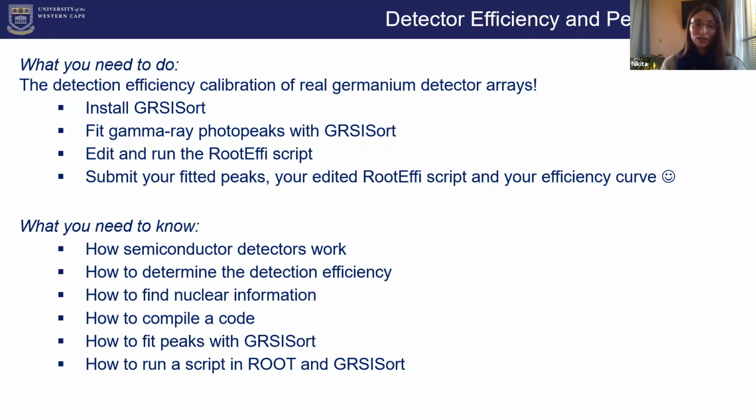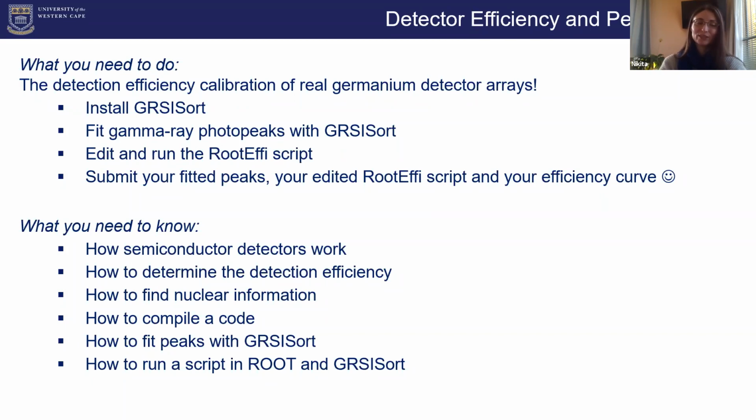So what you need to know in order to do all of this, first, you need to know how semiconductor detectors work, how to determine the detection efficiency of many types of detectors, but today about semiconductor detectors, how to find nuclear information on any type of nuclear property of any type of nucleus, how to compile a code, specifically in C++ and in root, how to fit the peaks with GRSISort, which is exactly what you have to do tomorrow, and how to run a script in root or GRSISort.